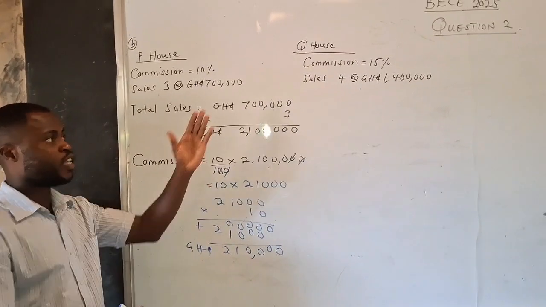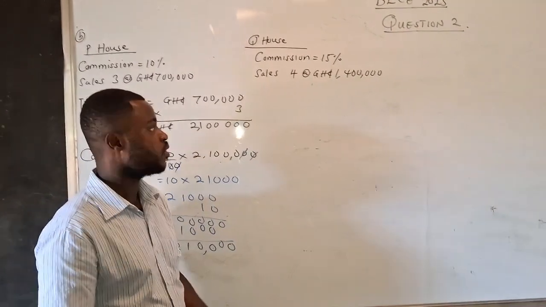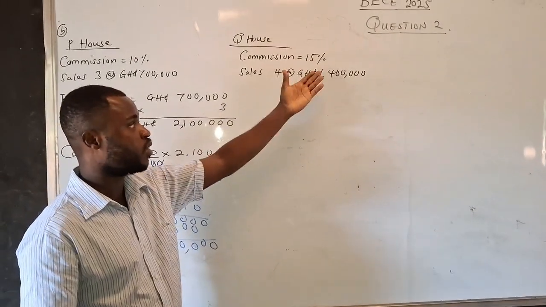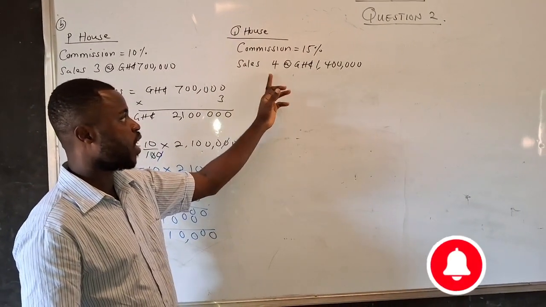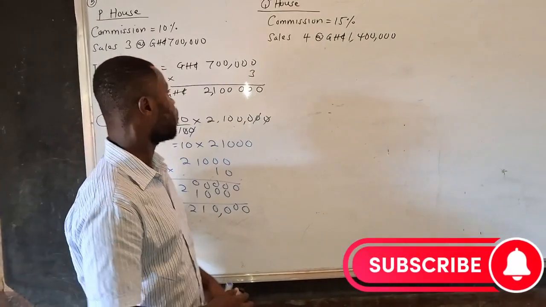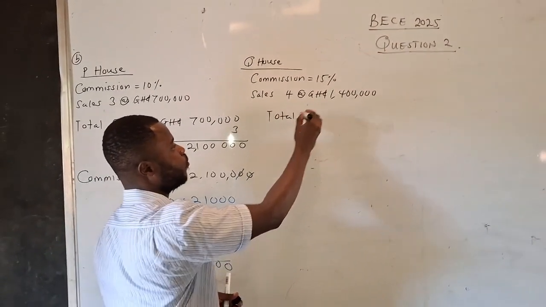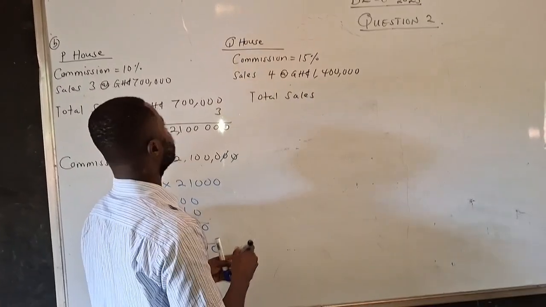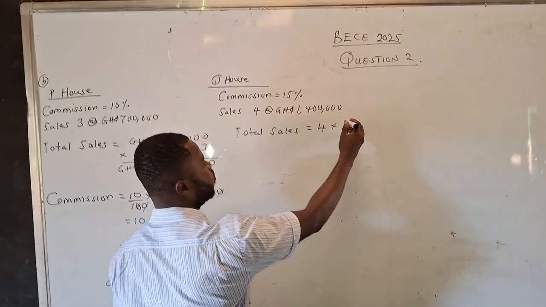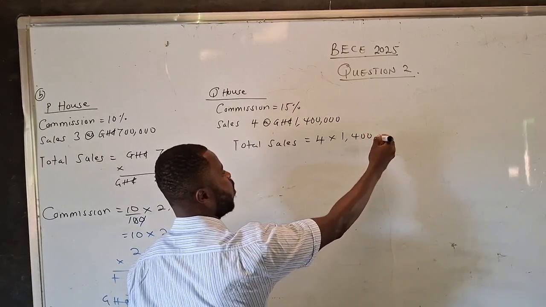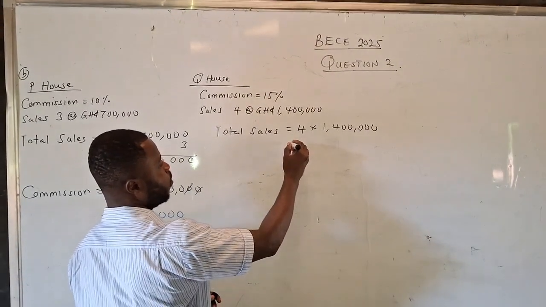So on the P house, this will be the commission. Now we are moving on to the Q house. The Q house is 15%. He sold 4 of the houses at 1,400,000, so we have to find his total sales on the Q house as well. Total sales here will be 4 times 1,400,000.